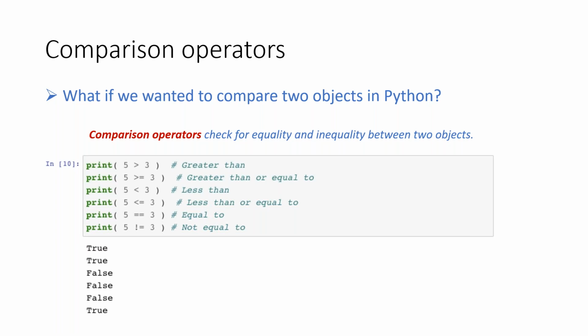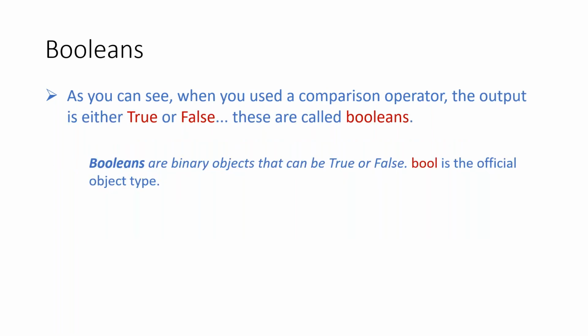So far we talked about integers, operators, comparison operators. Now, we started talking about Booleans. Python supports another data type, that is Booleans. You can define Boolean type objects. As you can see, when you use a comparison operator, the output is either true or false.